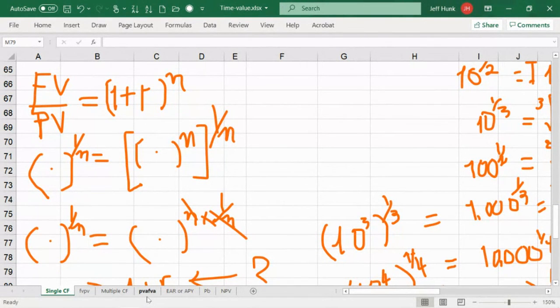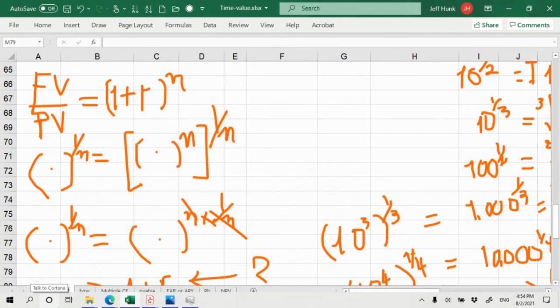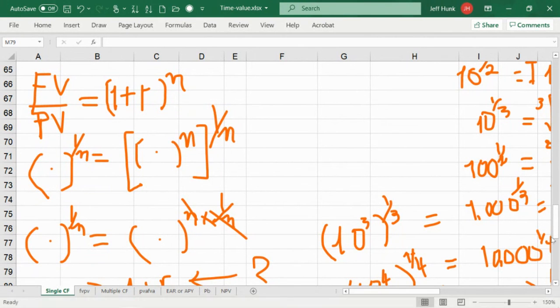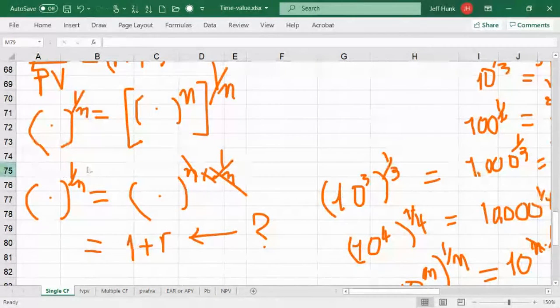We have to first lose N. We have to get rid of N. And how do we get rid of N? We have to take the nth radical of that right-hand side, right? But because it's an equation, whatever you do to one side, you have to do on both.